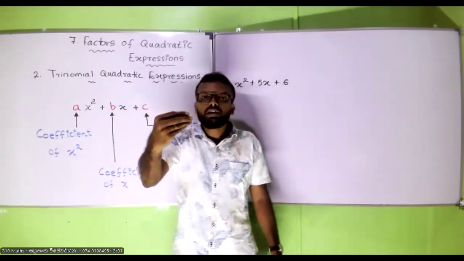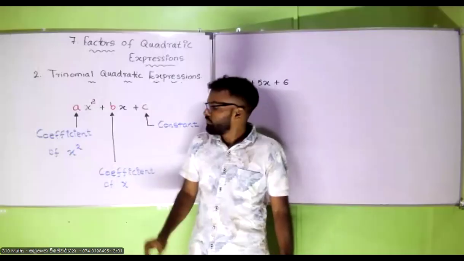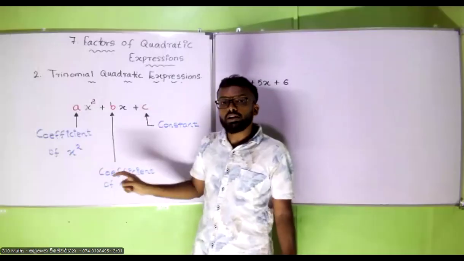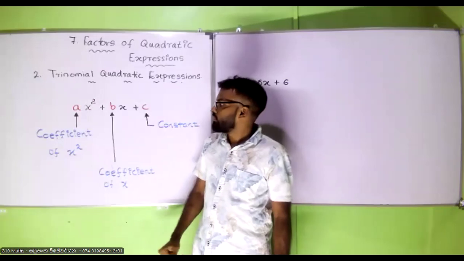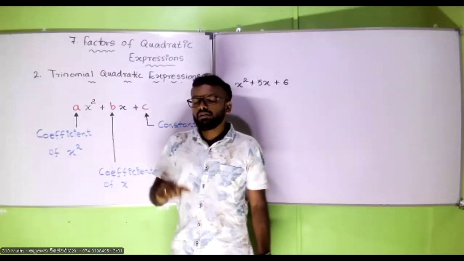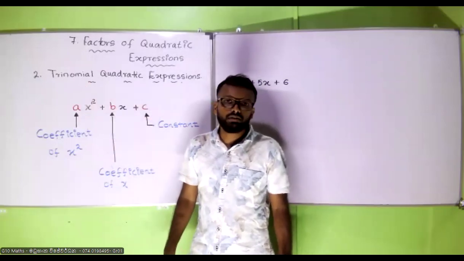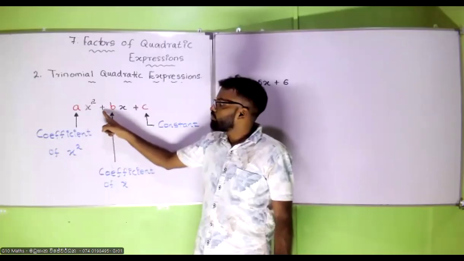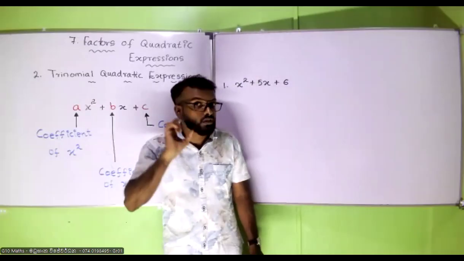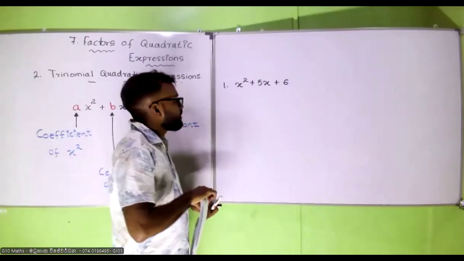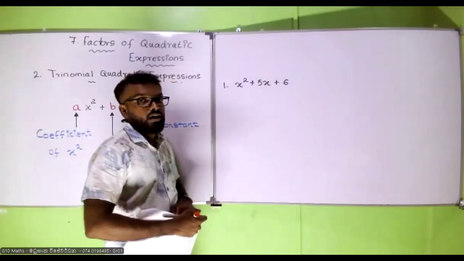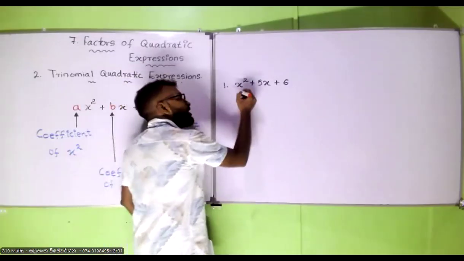But b is another term, the coefficient of x, and c is something else than that. And the middle term should be positive. So I am going to arrange it here. Here you have x squared.